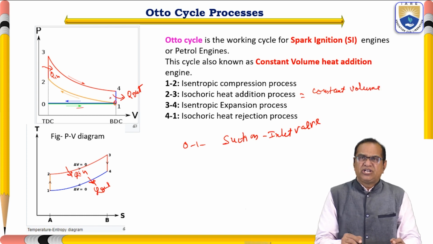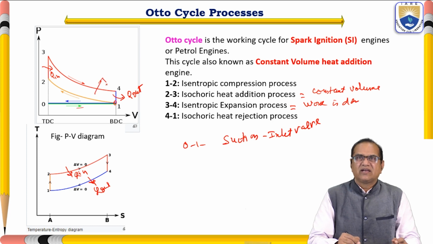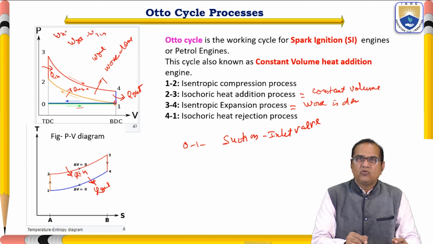Then 3 to 4 is an isentropic expansion process. Here work is done. So I will write here, work done. In 1 to 2 work is given, work in, and here the work out. Okay, so net work is equal to work out minus work in. So this is called W net.